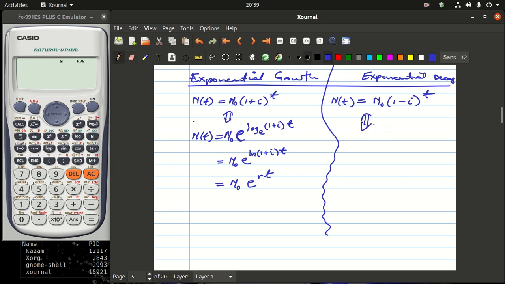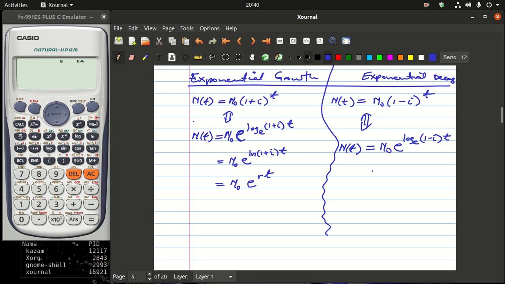If I am changing the bases here, I'm going to have n of t is equal to... No. I'm going to have n naught because it's still there. I'm just changing the base. This is not the base. That is the base. So I'm going to have e raised to log e of 1 minus i, times t here.